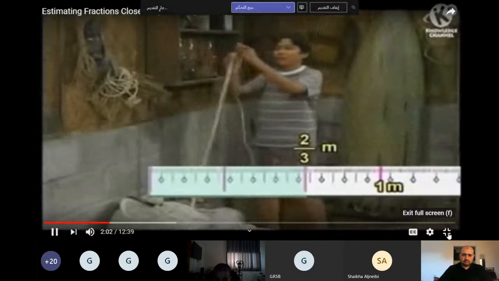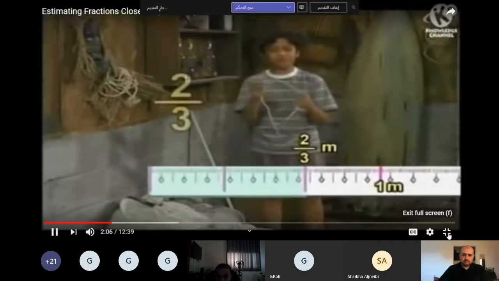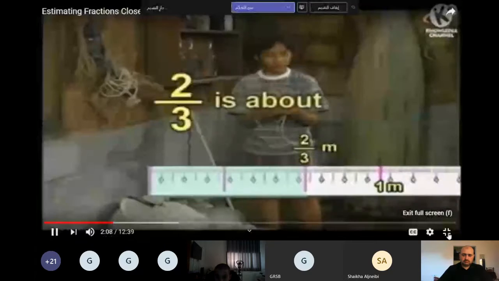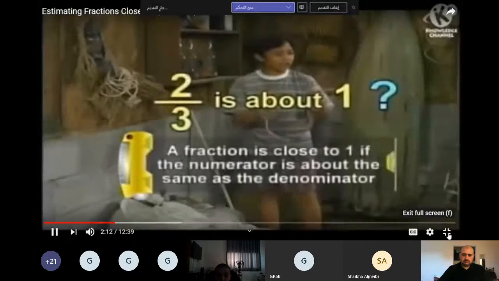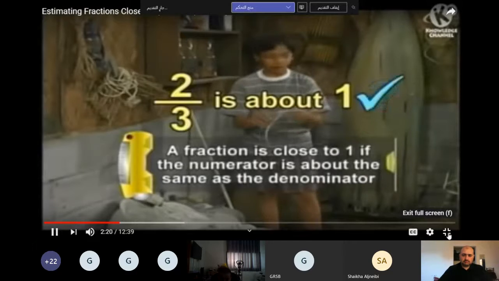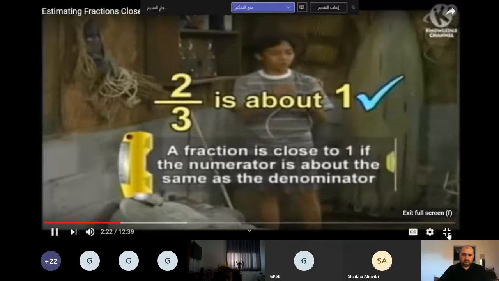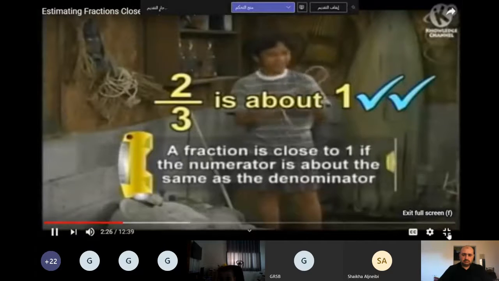This is 1 meter. Kasyang-kasya. If I estimate 2/3 meter, it is about 1 meter. A fraction is about 1 or close to 1 when the numerator is about the same as the denominator. Numerator 2 is about the same as the denominator 3.